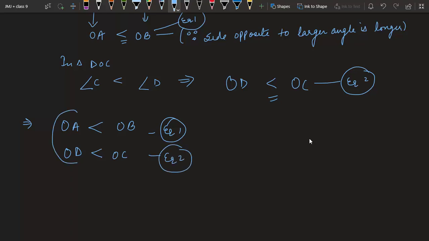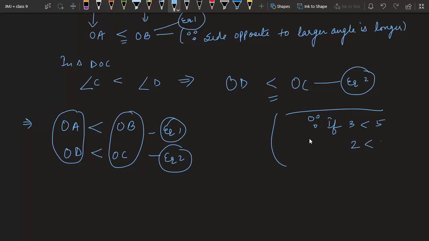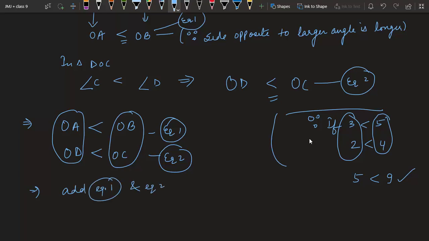If we add these two, the inequality sign will be okay, because if 3 is less than 5 and 2 is less than, suppose, 4, the sum on the left hand side will also be less than the sum of the right hand side, that is 9. So this relation will hold. We'll use that relation to add equation 1 and equation 2.